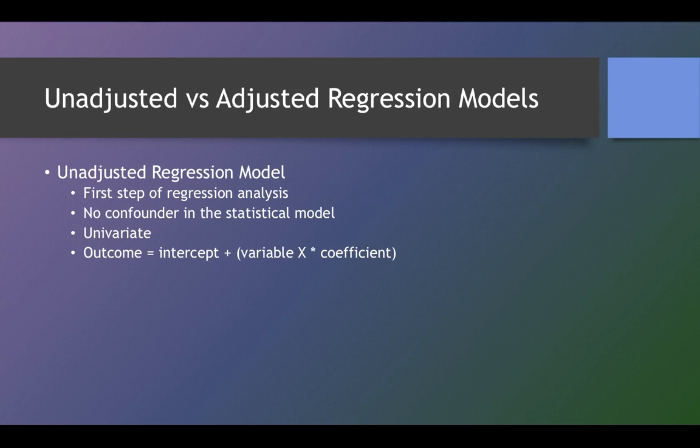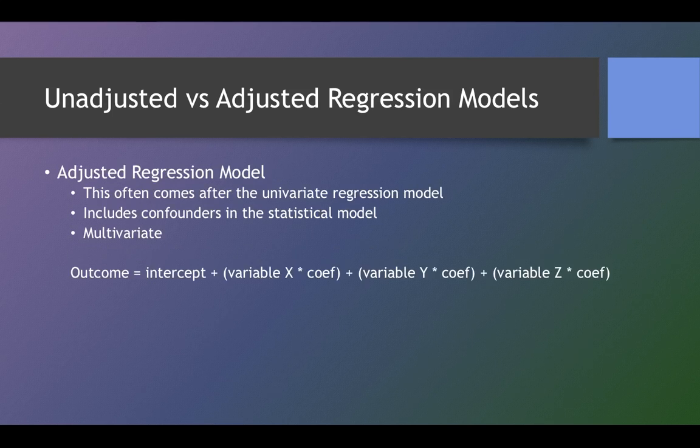A typical regression analysis is conducted as follows. First, an unadjusted model is created. This is a model that only includes the outcome and the exposure with no confounders included in the equation. The coefficient indicates the impact that the exposure has on increasing or decreasing the outcome. After the univariate regression is completed, a second regression equation is created.